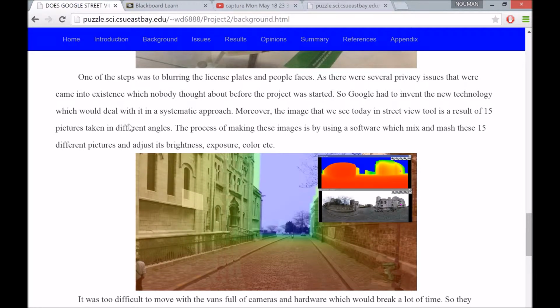While processing the data, the software they used was supposed to mix and mash all the pictures and automatically adjust the brightness and exposure, so that, as you can see here, the brightness and the color exposures are adjusted, and the outcome looks like that in the picture.